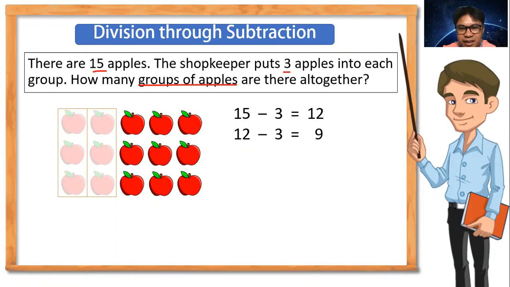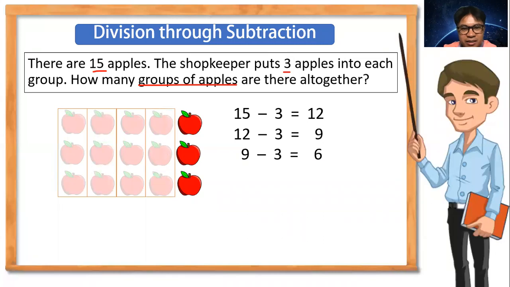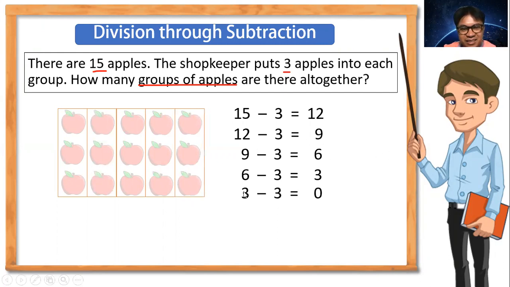So let's minus again 3. So 9 minus 3 equals 6. So 6 apples left. So let's minus again another 3. So 6 minus 3 equals 3. Okay. And then until we get 0 here. 3 minus 3 equals 0.